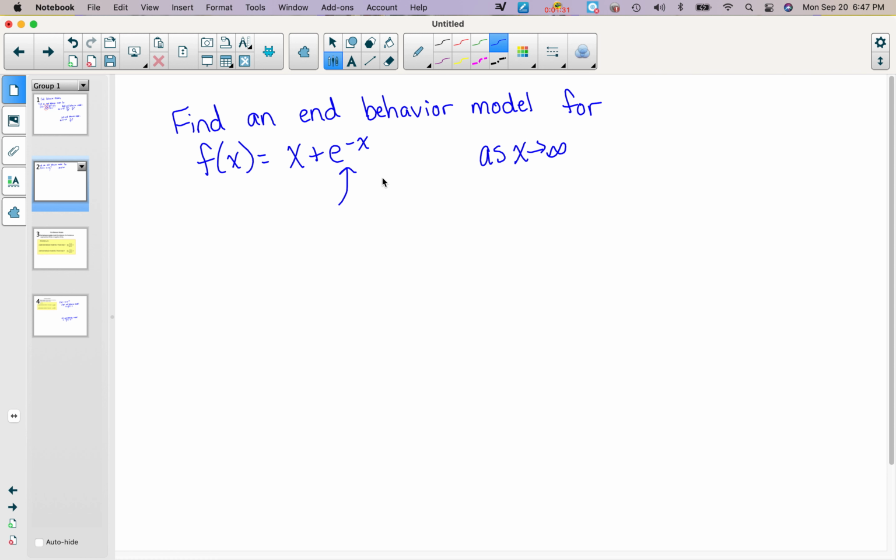Remember, we can think of e to the negative x as 1 over e to the x. So as x approaches infinity, this fraction goes to 0. So f of x starts to take on this shape, and it's going to look linear. So x would be my end behavior model.